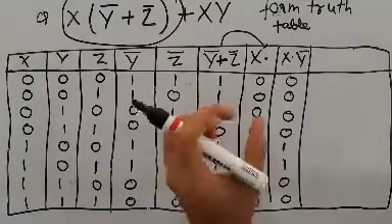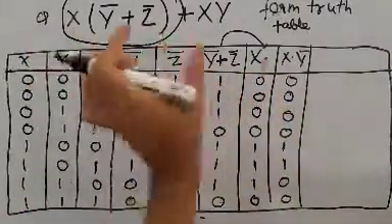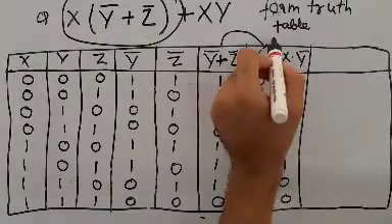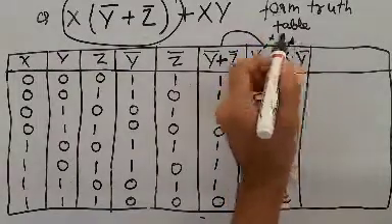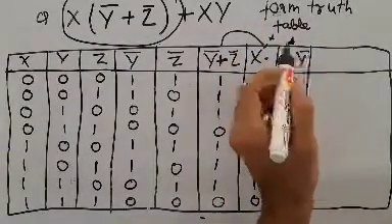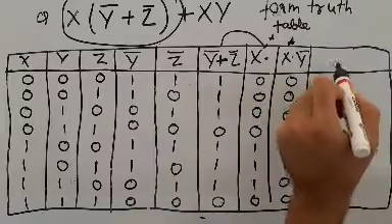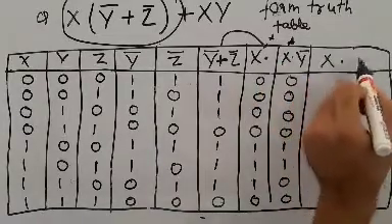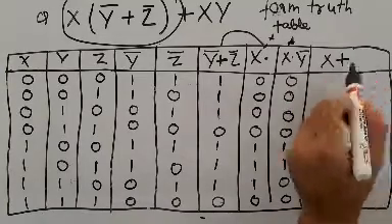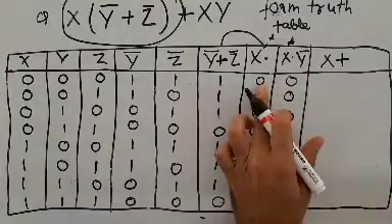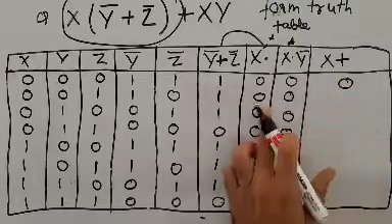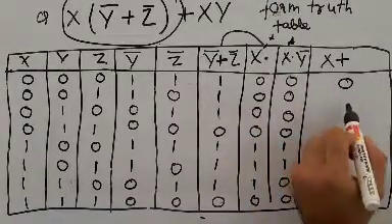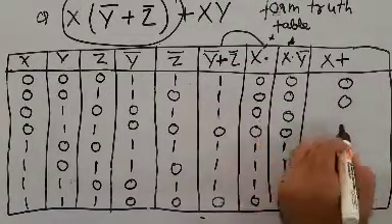Now you have to take this one and this one. You have to apply the OR operator in both these things. Clear? So x dot or plus this one. Clear? So 0 plus 0 is 0, 0 plus 0 again 0, 0 plus 0 is 0.